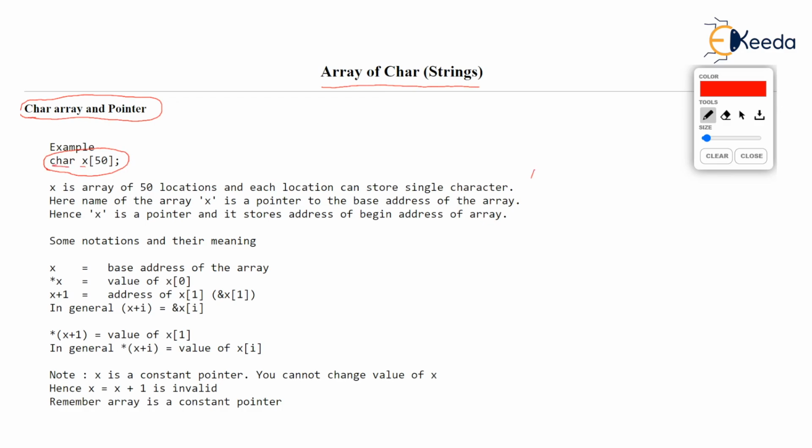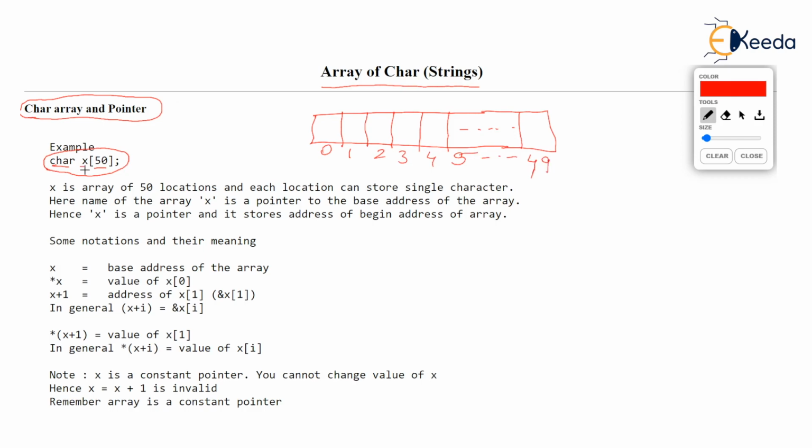Now, if you draw this X array on paper or assume it in the memory, then X is going to contain locations 0 to 49. So indexes will be from 0 to 49, and each location can hold one character.